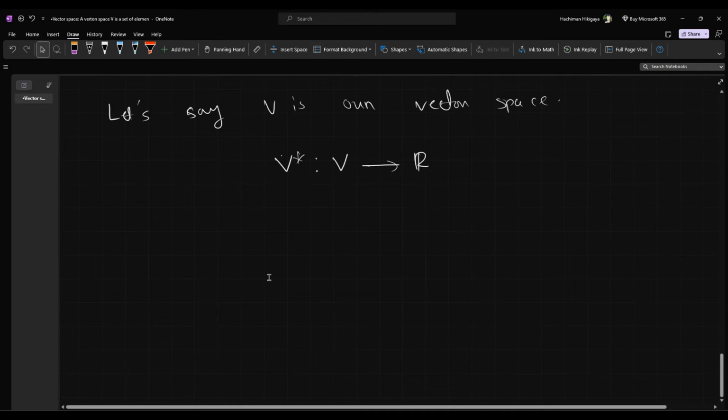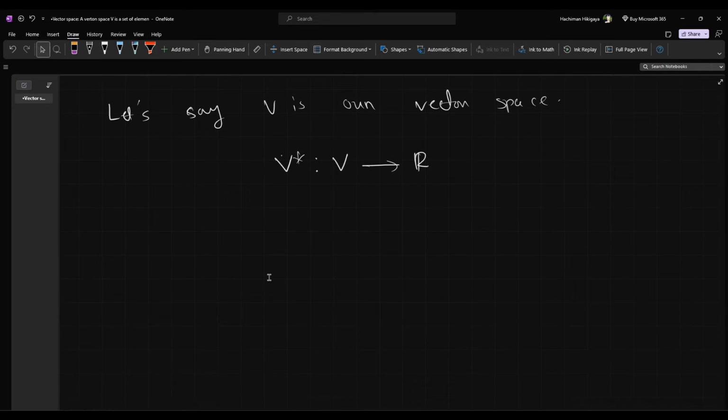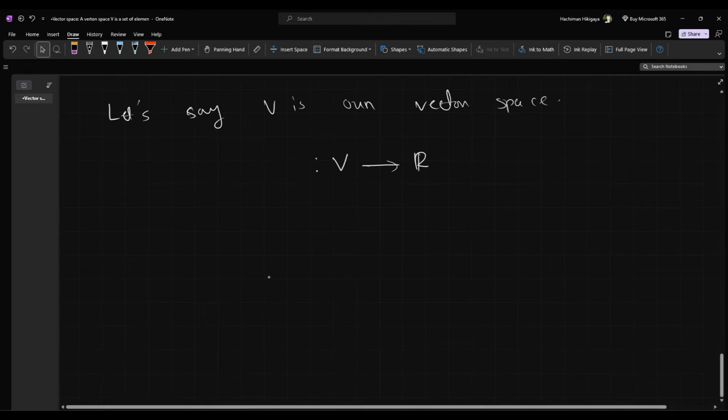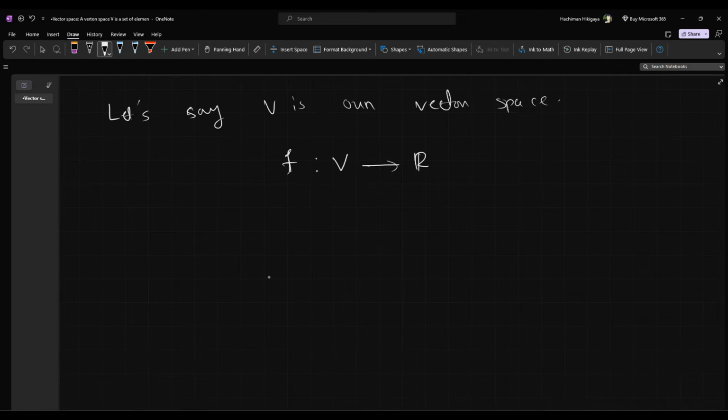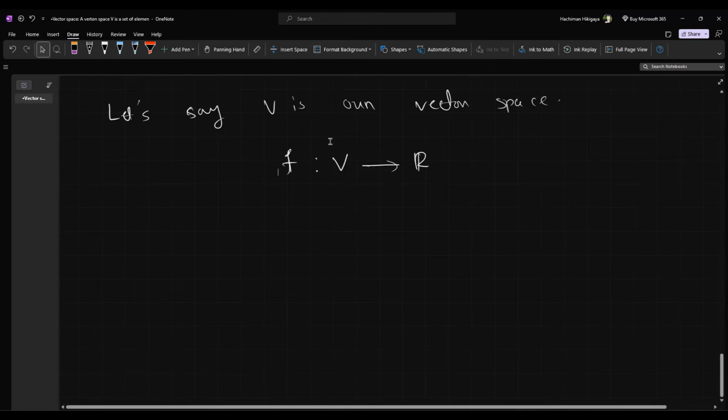I think it looks familiar. It's a function. So let's say V is our vector space, and there is a function that takes an element of V and maps it to R, the real field.